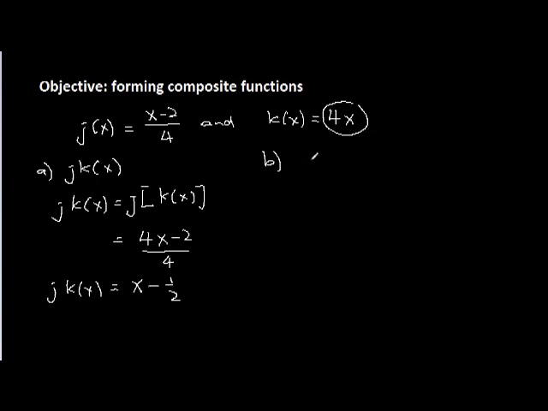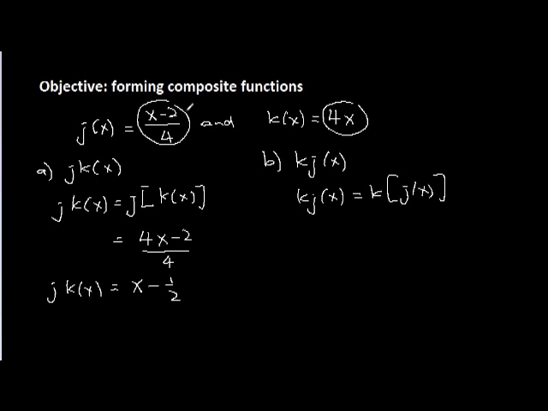B. Forming k(j(x)). Same as the previous example, k(j(x)) can be written as k of j(x), and this simply means j(x) is the input for function k. And what is j(x)? j(x) is (x minus 2) over 4.